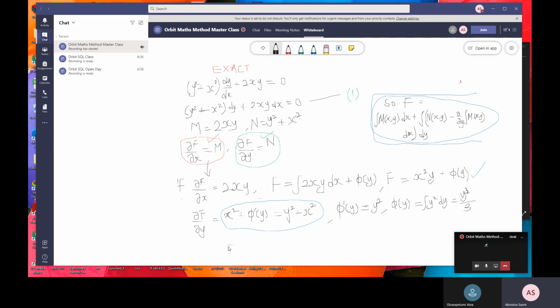So that implies that f is now equal to x squared y plus y cubed all over 3 plus c, since I have a constant of integration. So apparently that's just how to go about it. Do you understand?